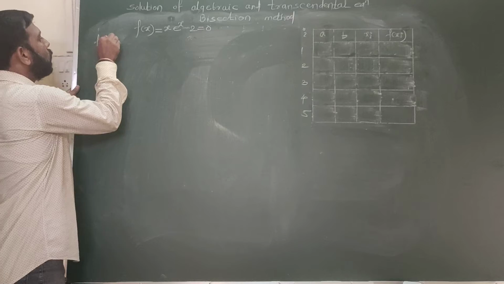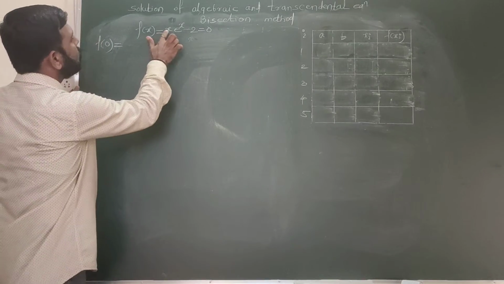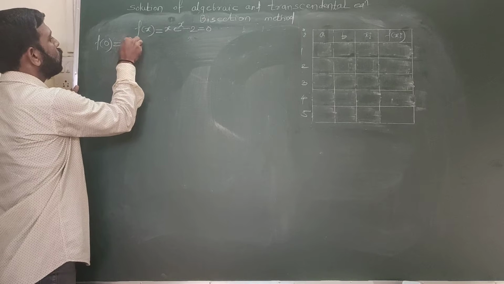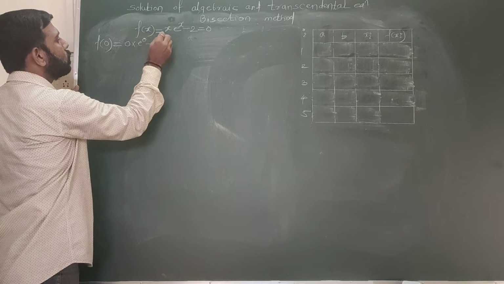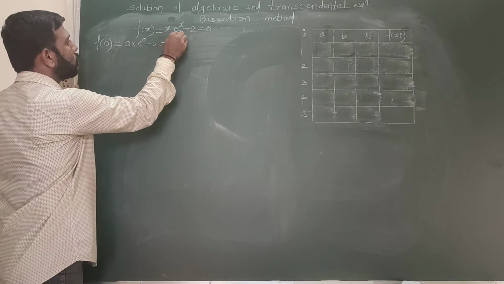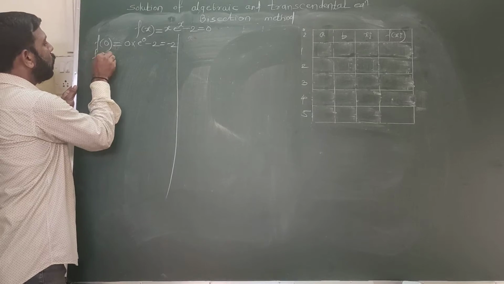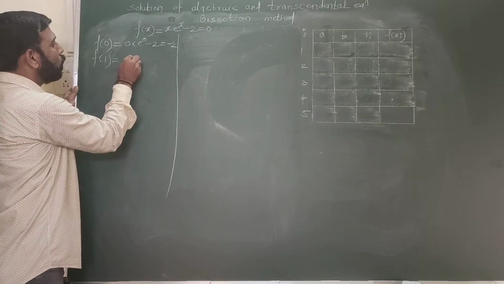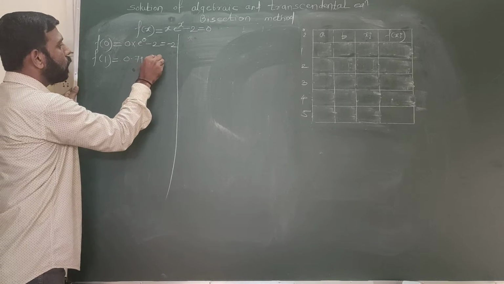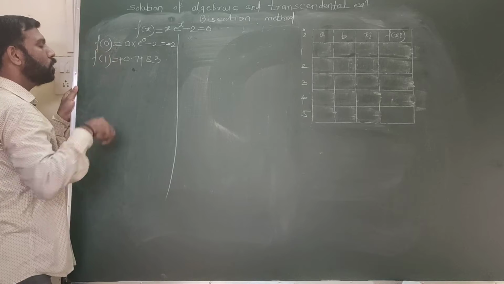To find the interval, substitute 0 in this function: f of 0, 0 times e raised to 0 minus 2. That value is minus 2. Next, we substitute f of 1, and we get 0.7183. Now the first value is negative, the second value is positive.